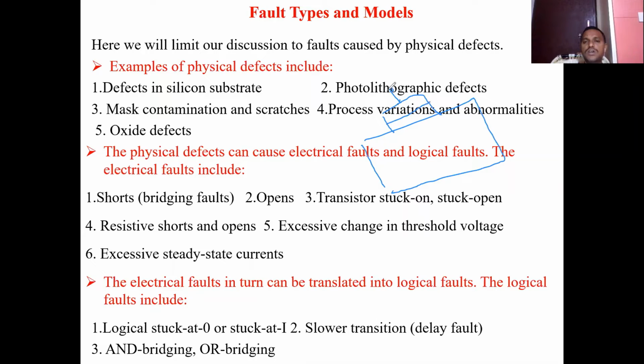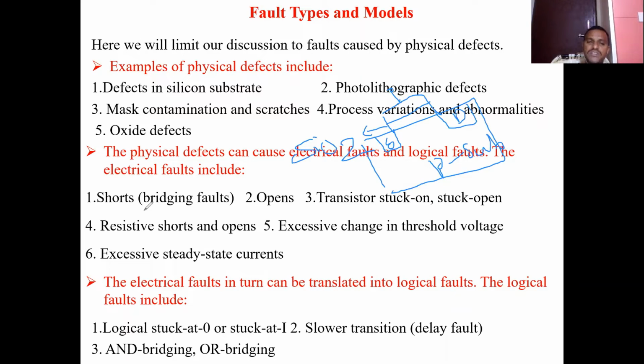So this is the gate, and this is SiO2. Here I have the source and here the drain, for an NMOS transistor, and this is the P substrate. What is the fault here?